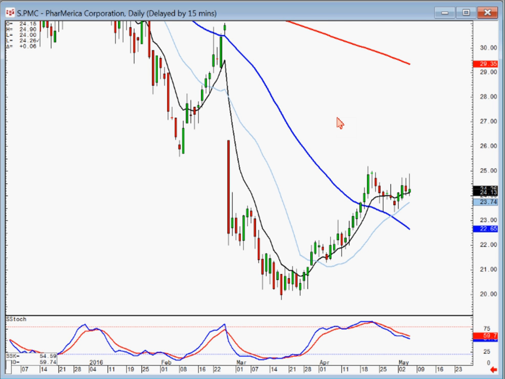I want to see that the market is moving in the direction that we think it should be moving, and that the stock price also is moving in the same direction. Wave 3 is going to be equal to wave 1. So you have wave 1, wave 2, wave 3. If wave 3 is equivalent to wave 1, that means we can pretty well target that it's going to the 200-day moving average.